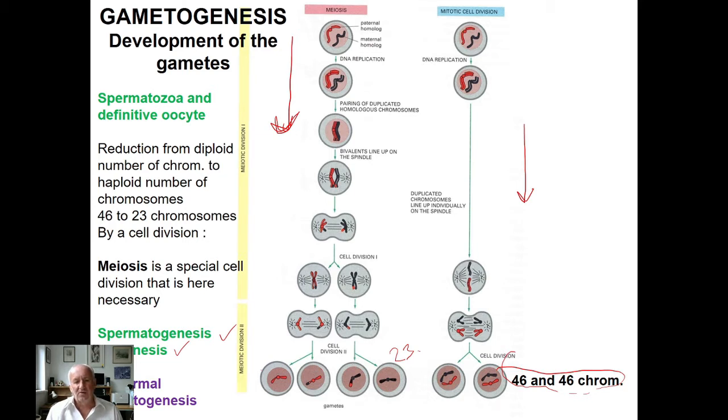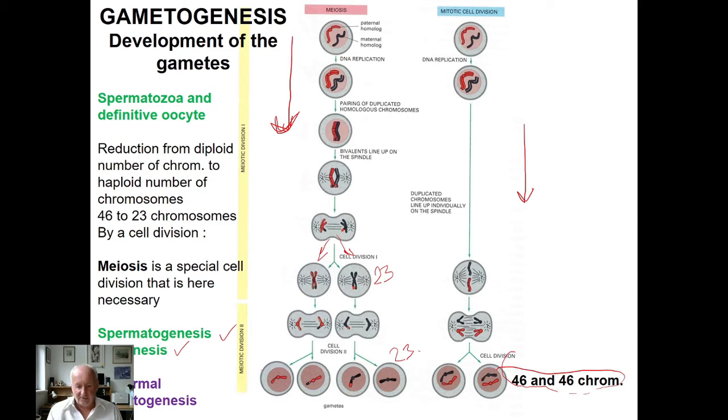Meiotic division is composed of two divisions. The first meiotic division happens, and the result is two cells, in each cell 23 chromosomes, yes, but each chromosome still has two chromatids.